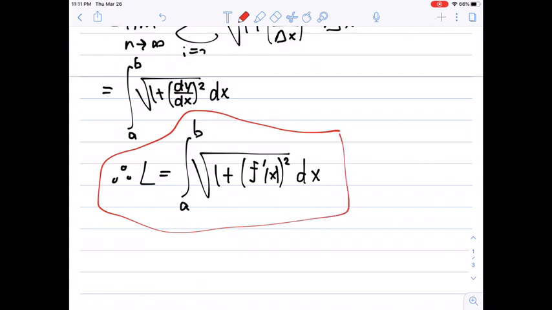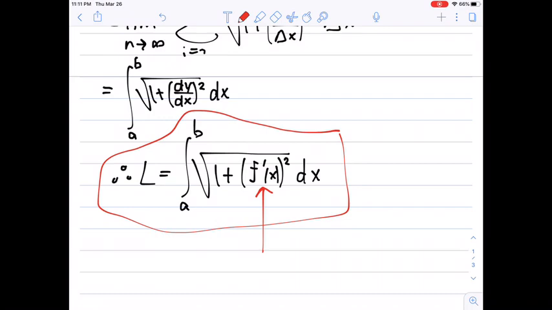Okay, so a lot of the difficulty in these arc length questions is not going to come from remembering the formula. It's going to come from, first of all, calculating f prime. You have to make sure you don't mess up your chain rule, don't mess up your derivatives. And then we're going to be squaring it.